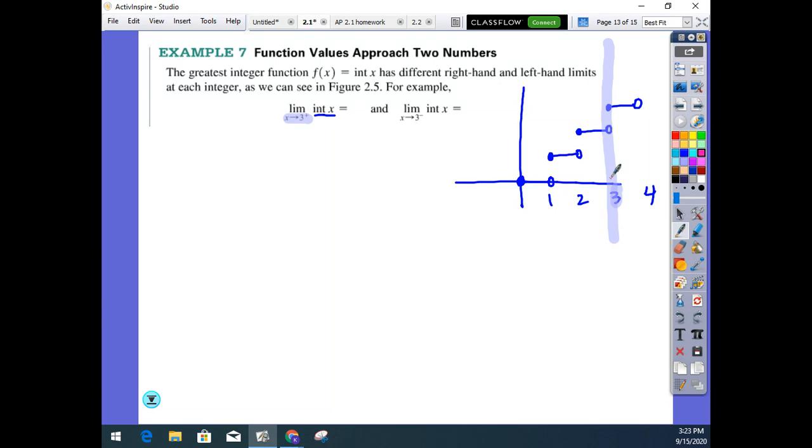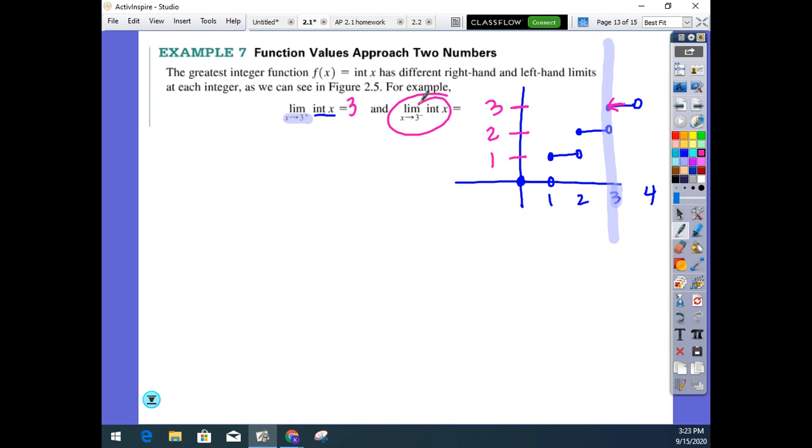If I go all the way up, where's the graph on the right side of 3? See how it's right here? What is this y value? This is 1, this is 2, this is 3. From the right side of 3, the limit is 3. That's my y value.